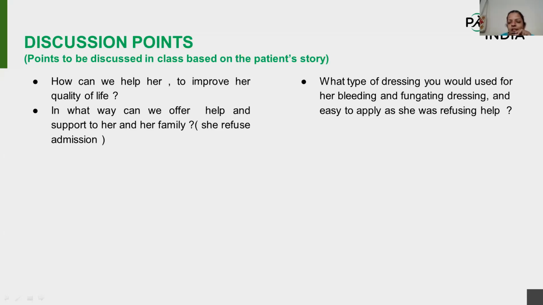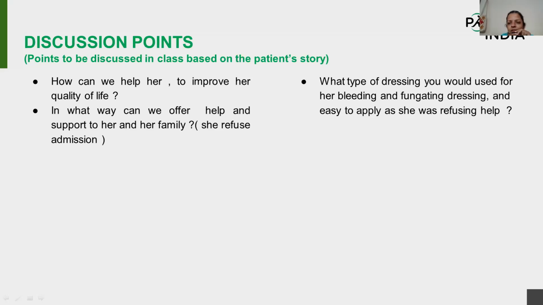For such patients, psychological trauma is also a lot because of the sight, and covering also becomes very problematic because the dressing becomes very bulky. So when we are putting on the dressing, we have to put it in such a way that it not only covers the wound, but how to support the dressing is also a problem.